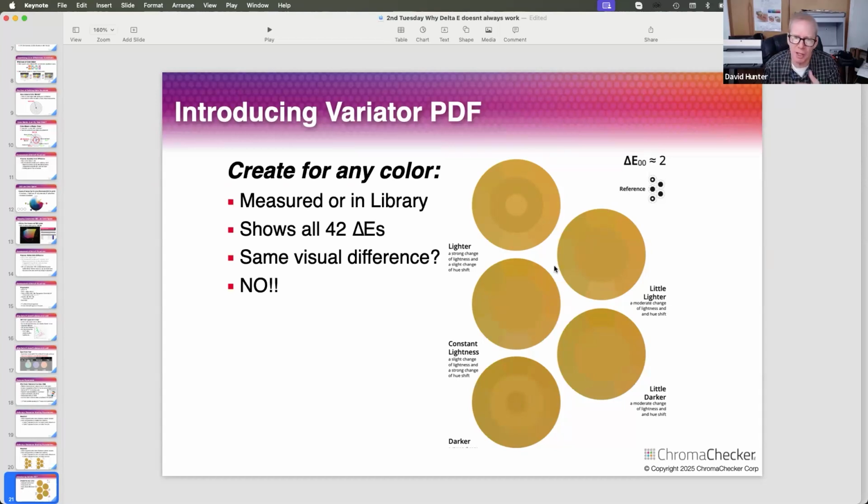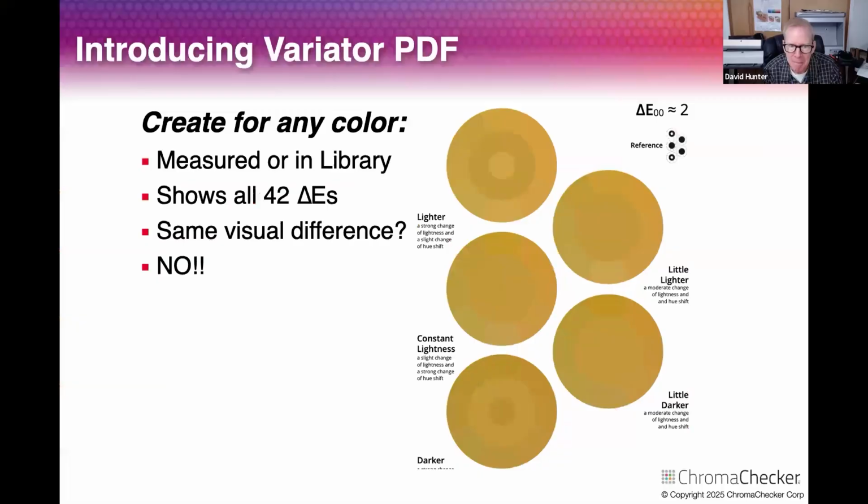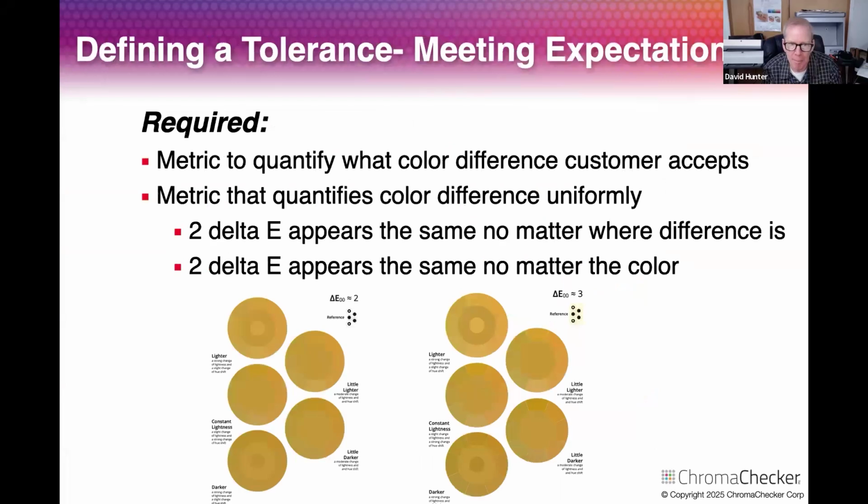That's why many of these delta E equations have attempted to scale L at a different factor through the years, because typically we see a difference in L bigger than we see a difference in A and B. So I hope you would all agree that these are not all the same visual difference, which means delta E fails as a metric that appears the same no matter where the color difference is.